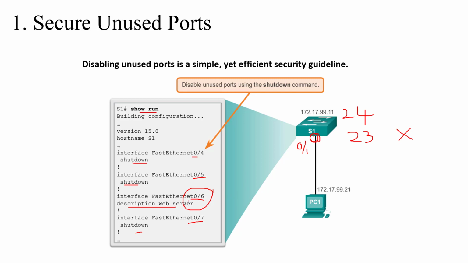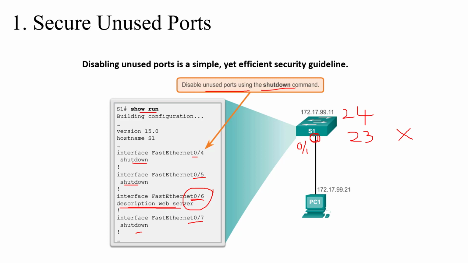But if you see 0/6, for some reason the port is kept open, but there is no physical connection here. So that means 0/6 is going to be in trouble. It is going to be vulnerable. So what do we have to do? Disable the unused ports. If any port is unused, you have to disable it by using the shutdown command.